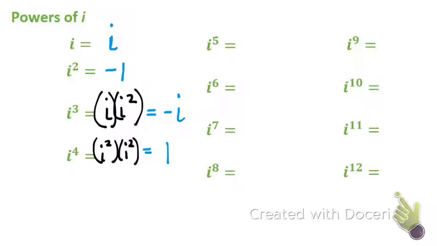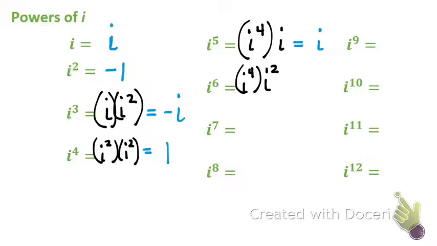So i to the fifth can be written as i to the fourth times i, and i to the fourth is just 1, so 1 times i, or just i. i to the sixth is the same as i to the fourth times i squared. i to the fourth again is 1, and i squared is -1.